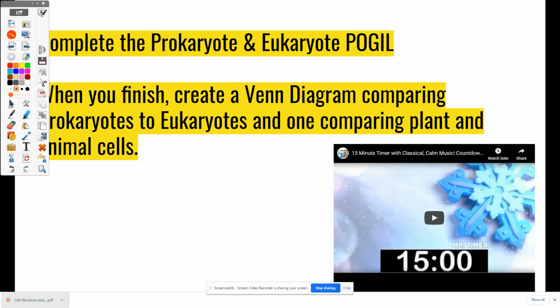It is not super hard, and you don't have to know anything in advance to do it. Use the diagrams to answer the questions. When you finish, you're going to work till the bell, and when you finish, you will just hold on to it. Tomorrow we will finish that. We'll finish it up if you don't have enough time today, and we'll create the Venn diagrams tomorrow before we watch our videos.